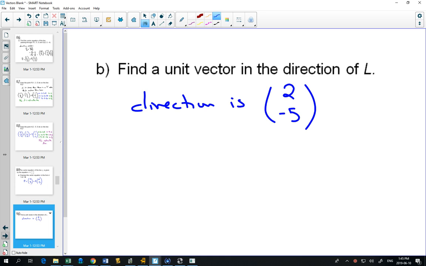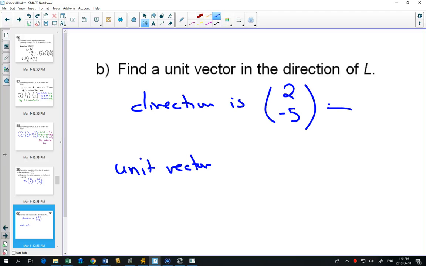The direction of the line was 2, negative 5. Do you remember what a unit vector was? It's been a while. Unit vector in the same direction, well, it would be a vector with a length of 1.